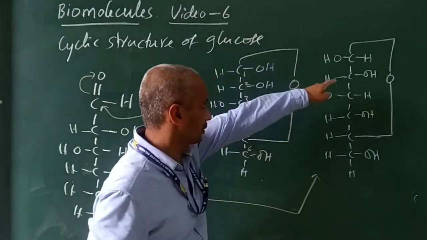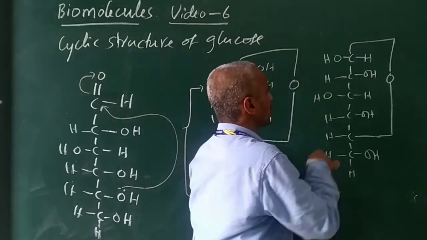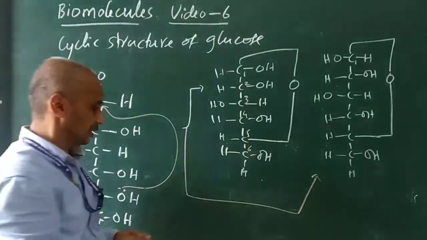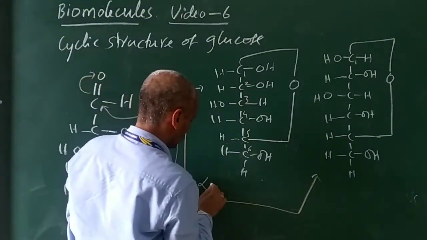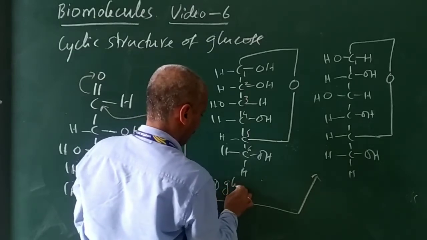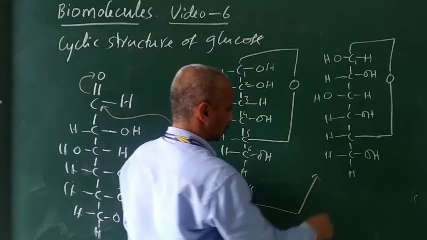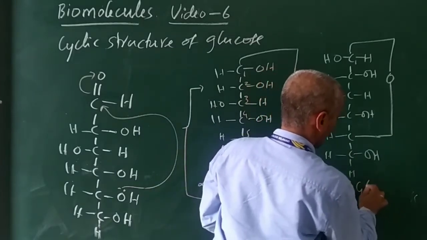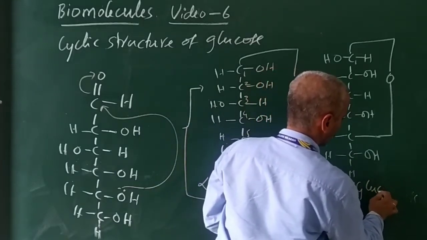Here again, what is happening there? With the first carbon, the arrangement of the OH before, this is called alpha D glucose. This is called beta D glucose, not beta L glucose.